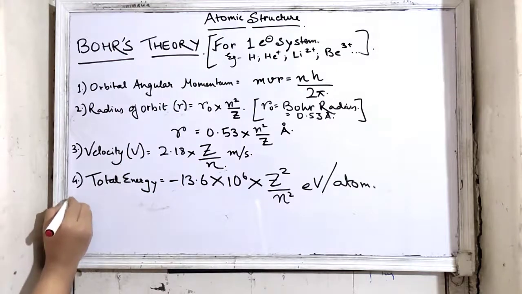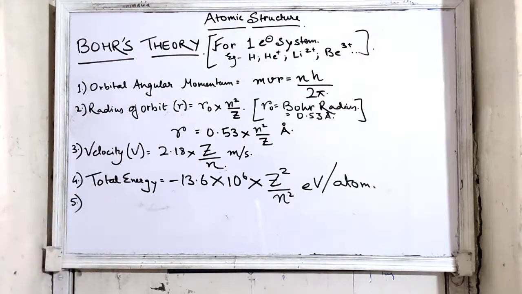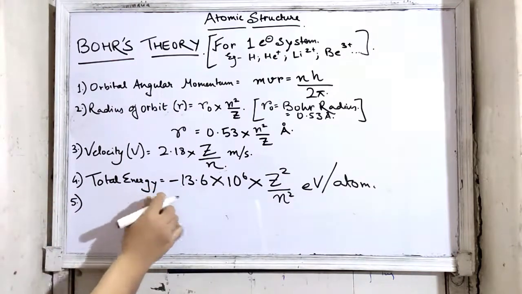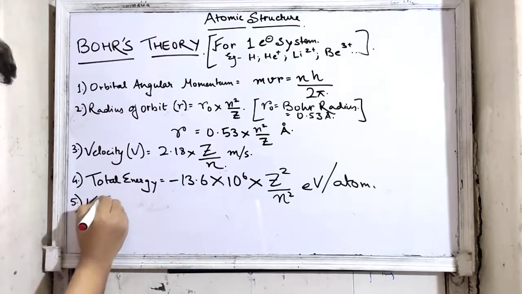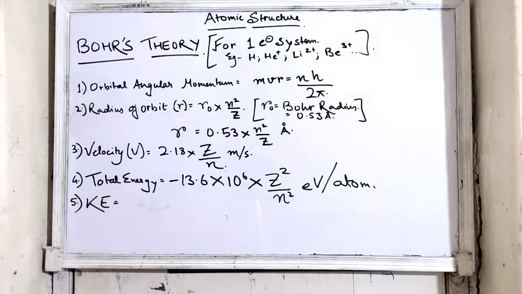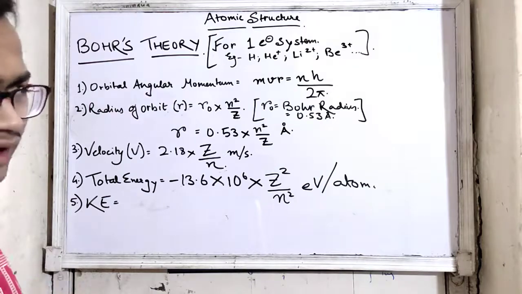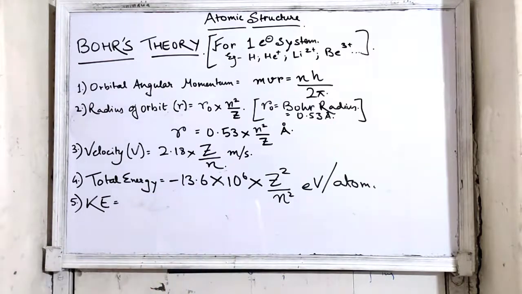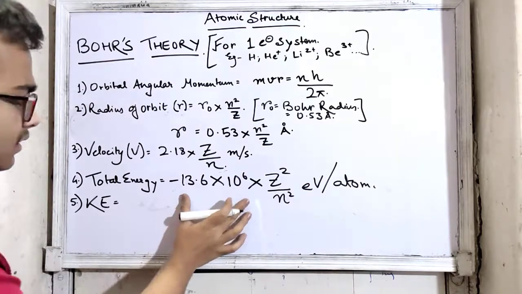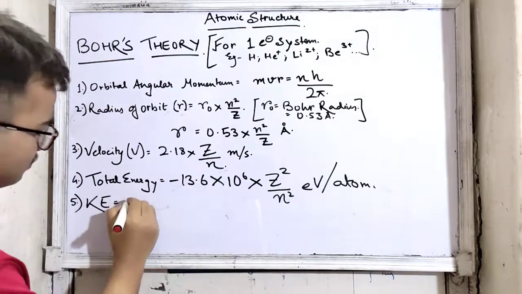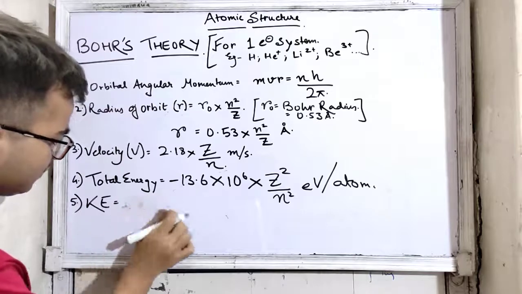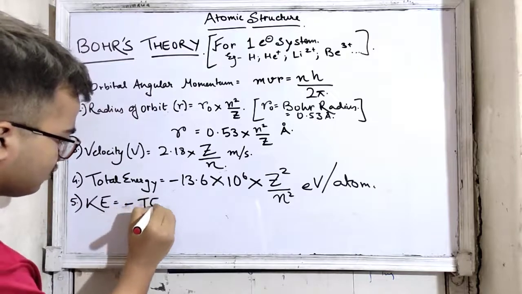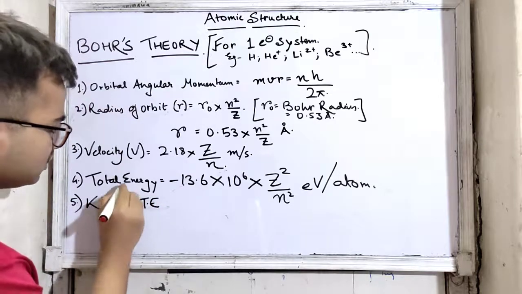Number 5, now the kinetic energy. Kinetic energy is nothing but the same thing with the negative sign. Let's write it this way: minus TE, where I am taking total energy as TE.